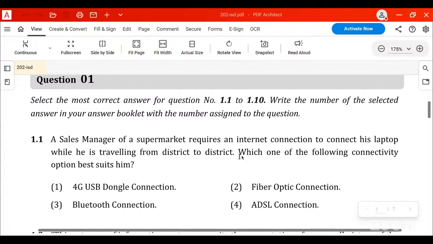Fiber optic connection, we can't bring it here and there. Bluetooth connection is not a mobile internet solution. ADSL connection is also not a mobile solution. The 4G USB dongle connection is the correct answer.